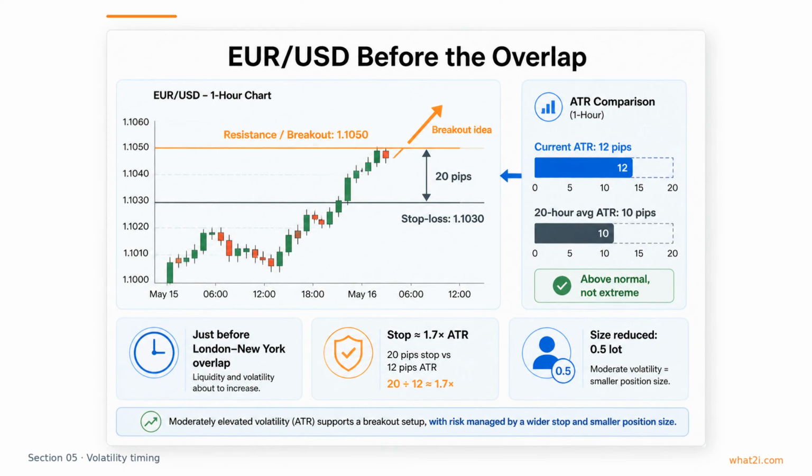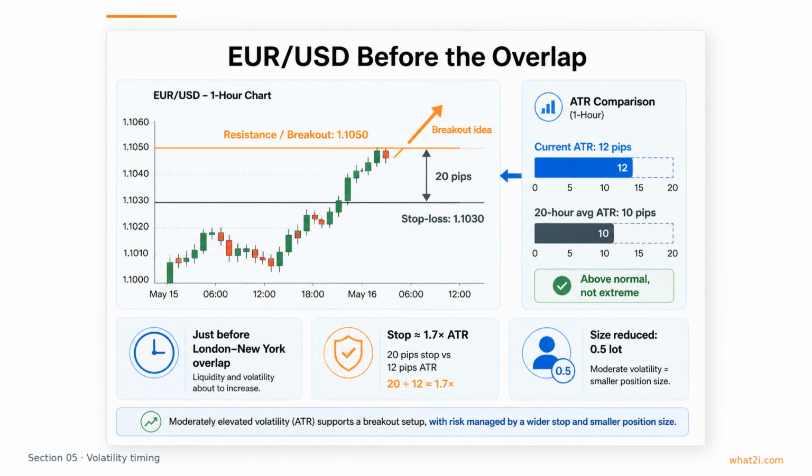Consider Euro USD just before the London-New York overlap. On the 1-hour chart, current ATR is 12 pips versus a recent 20-hour average of 10 pips, which suggests activity is above normal but not extreme. Price is pressing against resistance near 1,050, so a breakout idea becomes reasonable because the environment may support expansion.